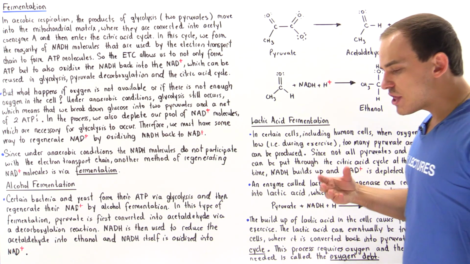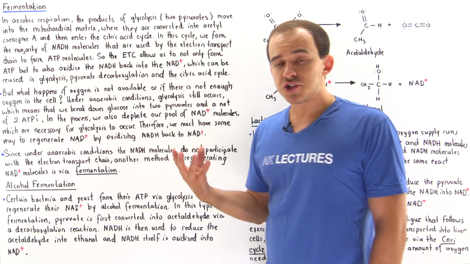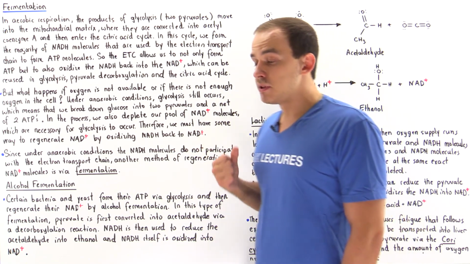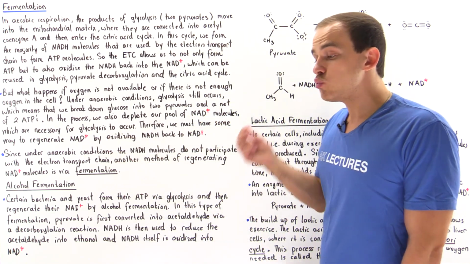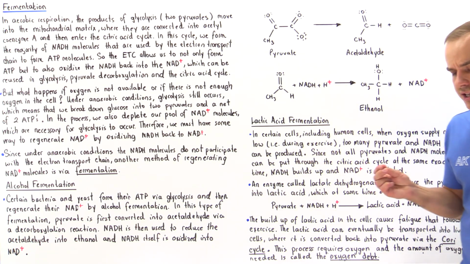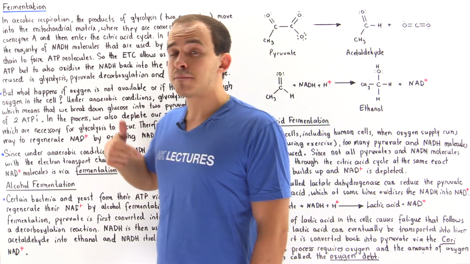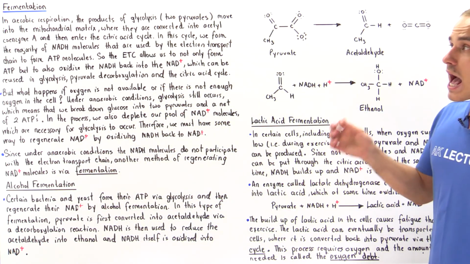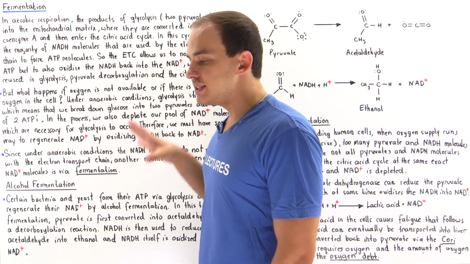So we see that the process of fermentation is the method by which we basically regenerate our NAD plus molecules from the NADH molecules, because we need our NAD plus molecules to undergo the process of glycolysis and produce our continual source of ATP. And our fermentation only takes place under anaerobic conditions.